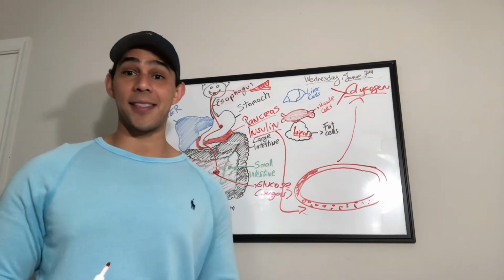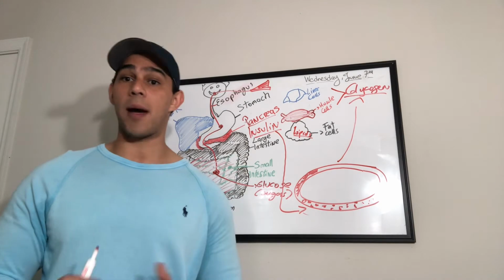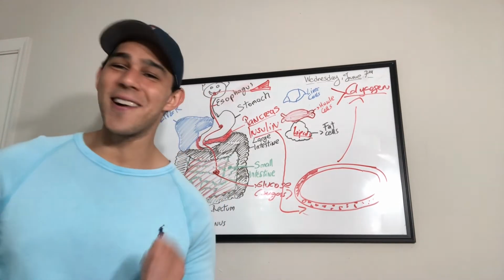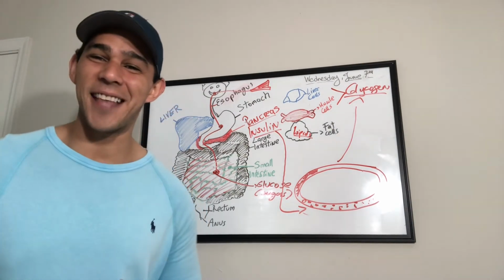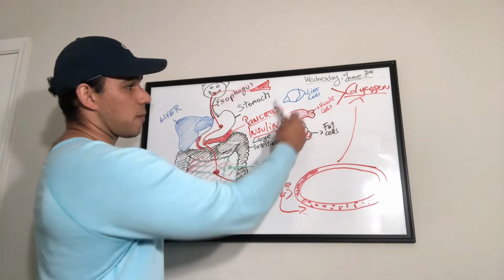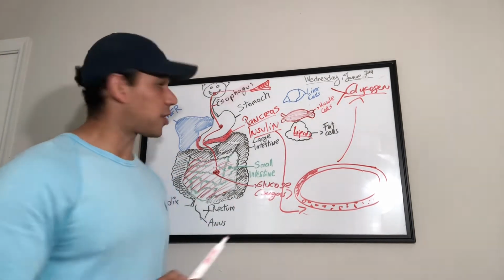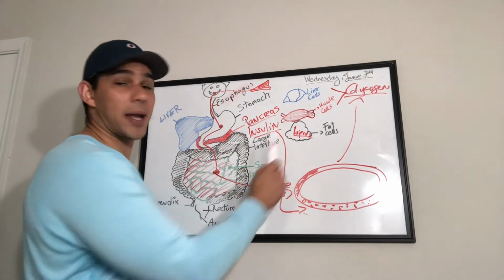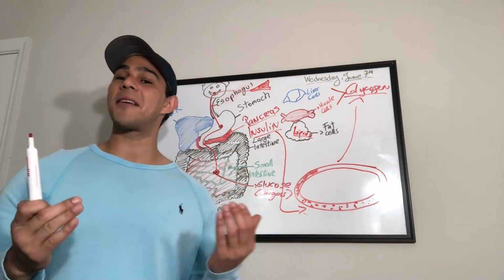Of course, if you're an athlete, all my endurance athletes here, all my professional athletes that are coming up, this is where you want to focus. You want to make sure that you're consuming foods that are storing glycogen and not storing so many lipids. So that is the big difference there.